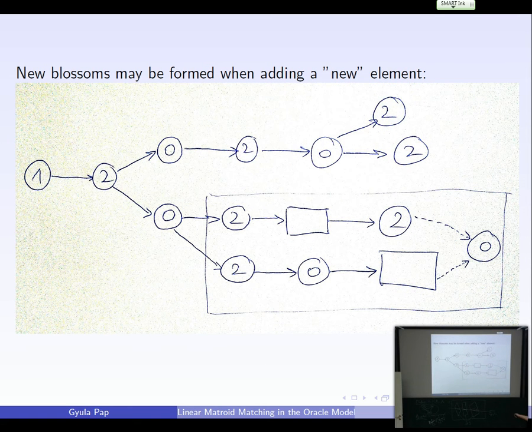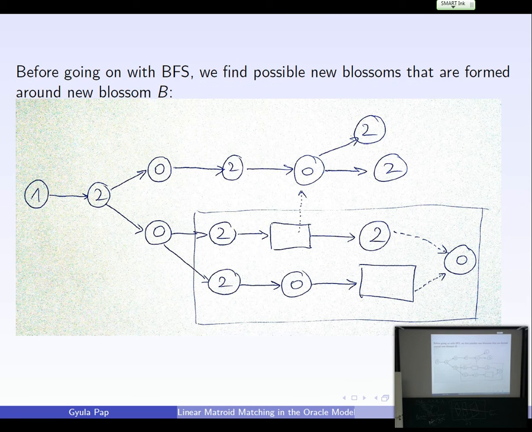So how then a new blossom is formed like this. We reach, as I said, but we can still do this with blossoms inside, so it will be a nested structure. And then it's just one blossom step. When a new blossom is discovered, then we need to try and look for further blossoms that are generated by this one, because maybe if we tried this way and we could not get there, this did not become a blossom.